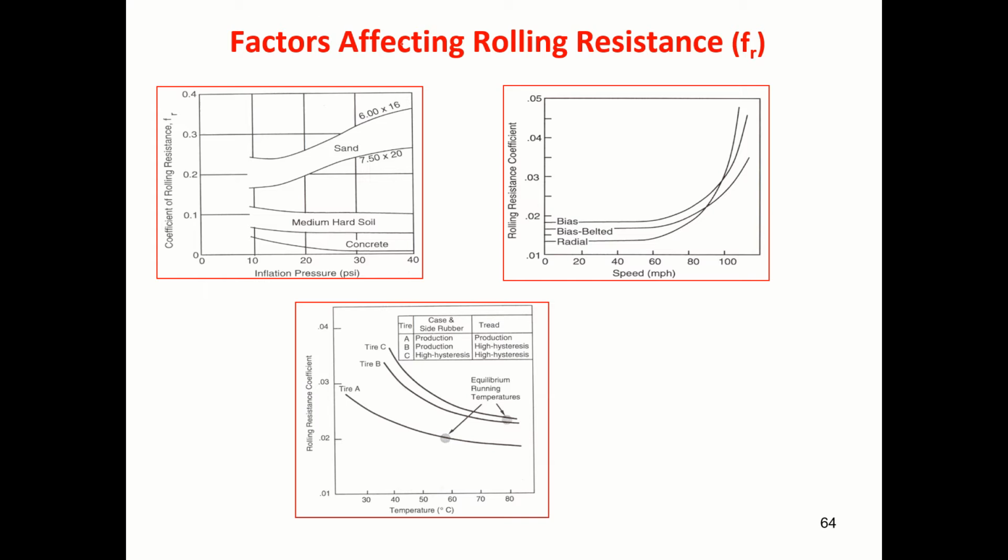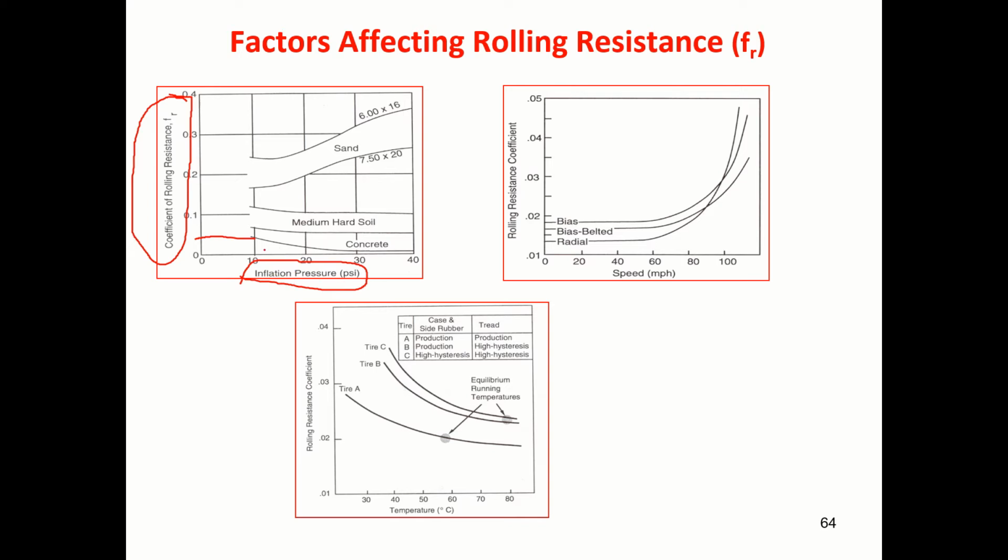So what are the factors that affect the rolling resistance? One of them is, you see here, the type of road. On the x-axis you can see inflation pressure and the coefficient of rolling resistance. Suppose concrete road, inflation pressure is low, correct? Coefficient of rolling resistance is high.